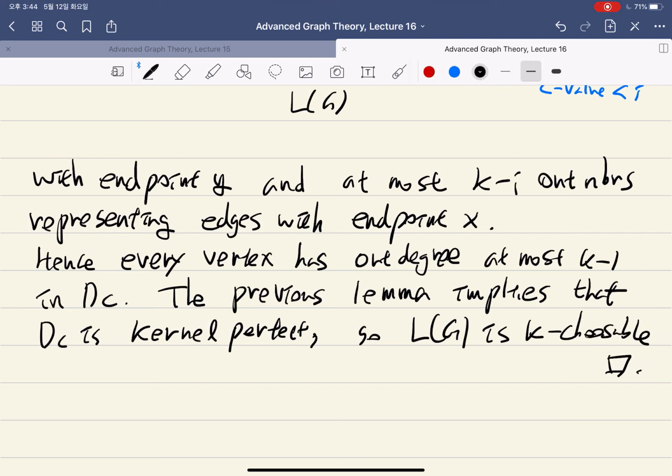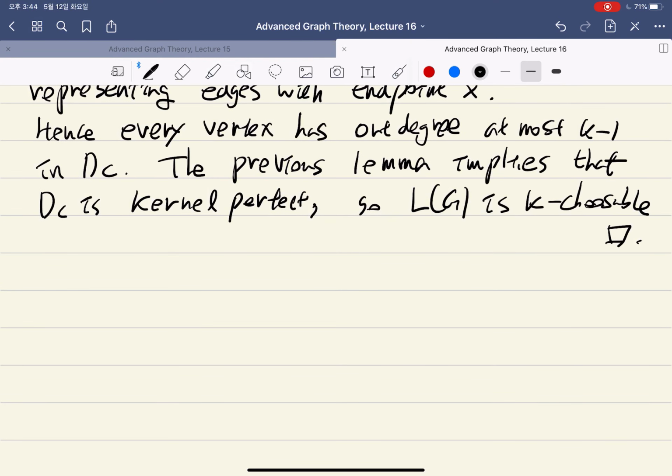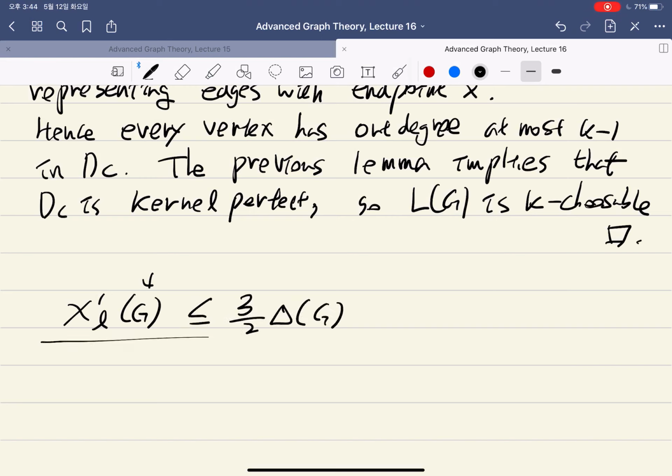So this proves Galvin's theorem. And then now, by using this, we can also show that for non-bipartite graphs, which possibly have multiple edges, this holds. So we will next prove it.